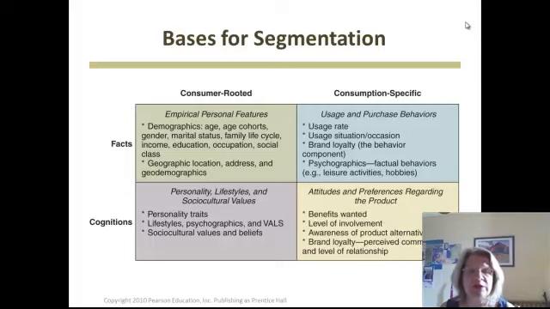Very difficult to measure, they require very deep questions. And consumption-based cognitions are such as benefits that the consumer wants from the product, level of involvement, awareness of product alternatives, and brand loyalty, for example, level of perceived commitment and relationship to the brand.